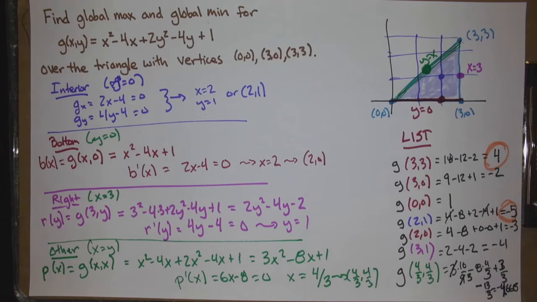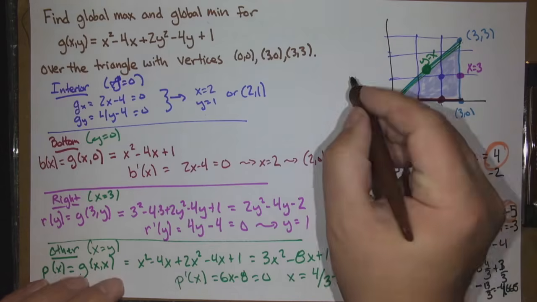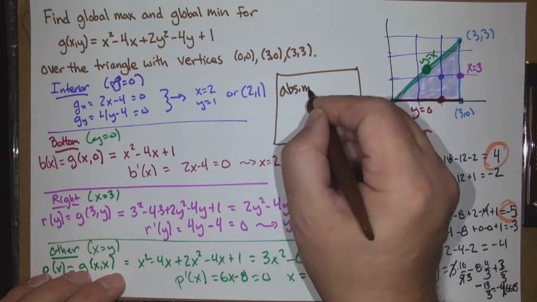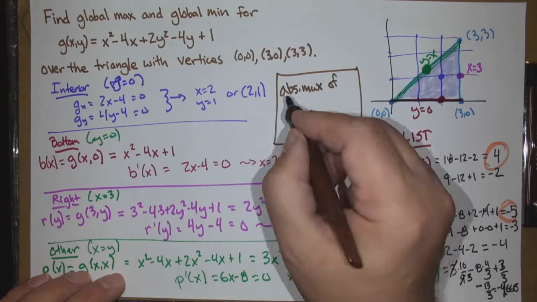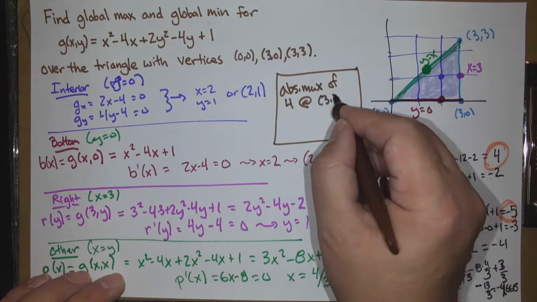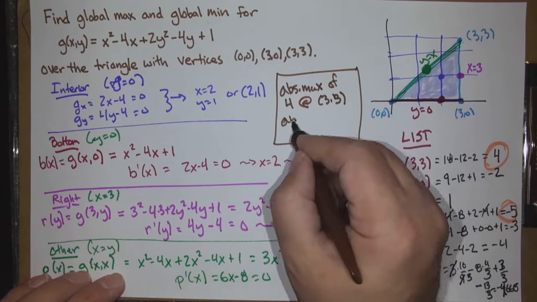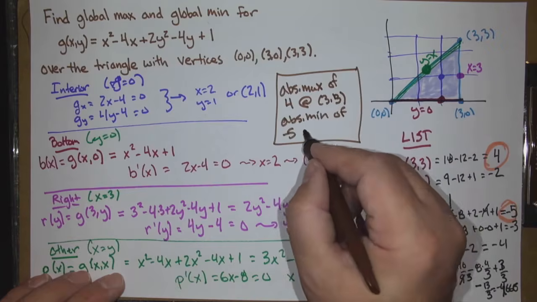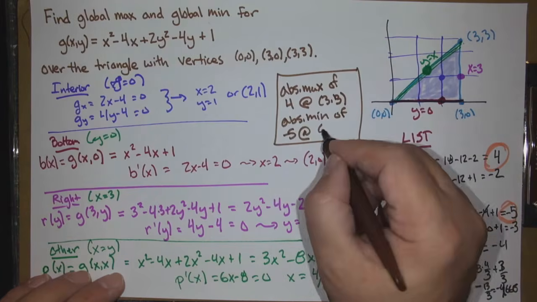So, since we've run out of space there, we'll put it in here. Absolute max, global max, of 4 at the point 3, 3. Absolute min of -5 at the point 2, 1.